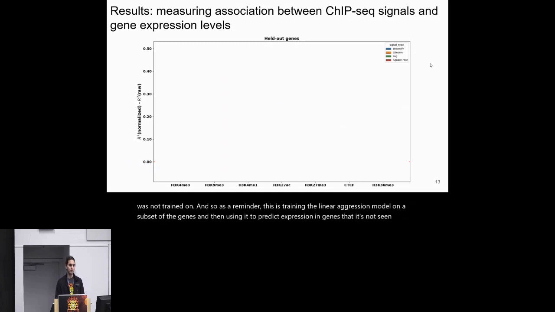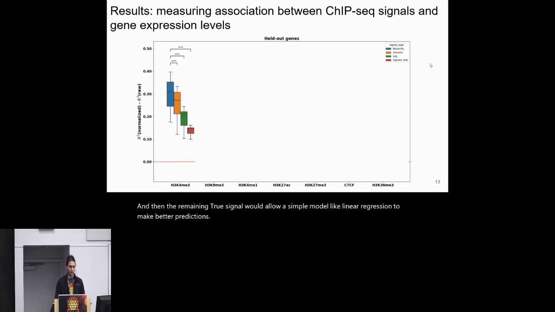The general idea here is that if the signals were normalized well, then they would have washed away any source of technical noise. And then the remaining true signal would allow a simple model like linear regression to make better predictions. On the x-axis, we have the different assays that we're looking at, and on the y-axis, we have the difference in model R squared between the normalized and the unnormalized signals.